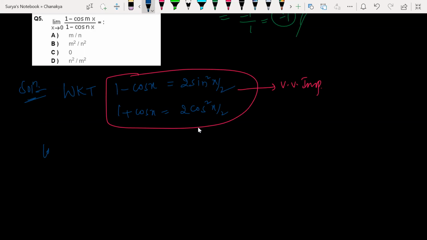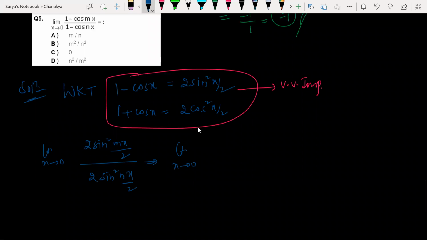तो देखो कैसा लिखेंगे. Limit x tends to 0, 1 minus cos mx मतलब 2 sin square mx by 2, yes or no? Divided by denominator 2 sin square nx by 2. तो मैंने इधर ये 2 को आगे रख दूंगा और ये 2 कैंसिल कर दूंगा.